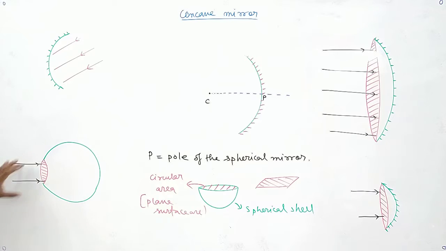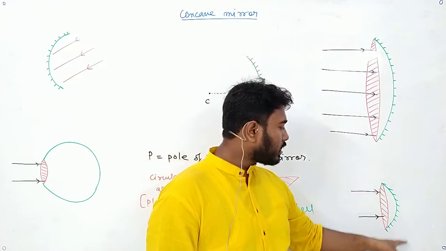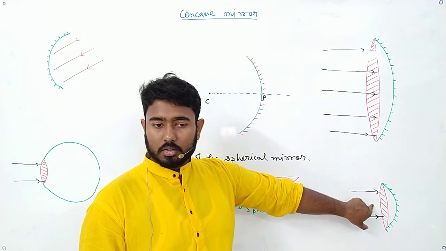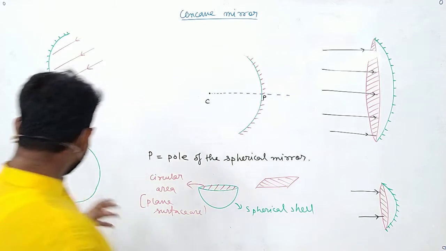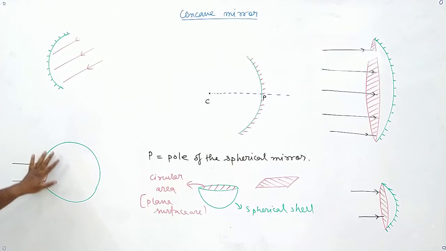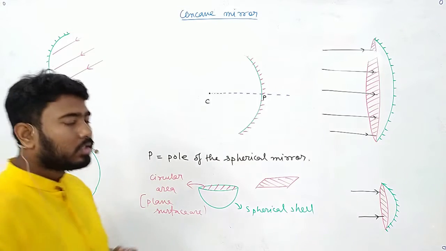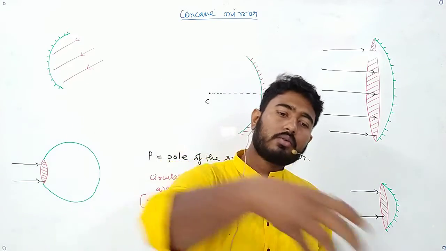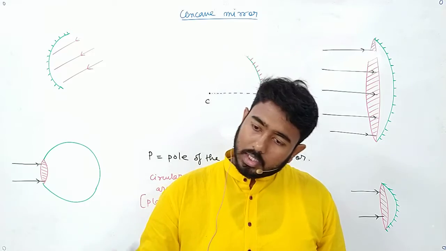So only this much area will be available for the rays of light, though its curved surface area is larger. In this case, this curved surface area is smaller than this one, but more light will be able to get into it, right? So the surface area of the plane part, which covers the two ends of the mirror, is known as the aperture. It's a plane surface area which allows the light to pass through and fall on the surface of the mirror. Is the idea clear now?